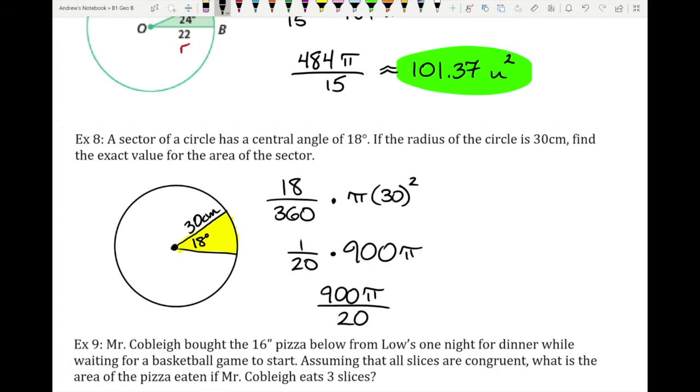Gross. 900 pi divided by 20 doesn't really seem too nice to work with. So again, we're going to get an approximate answer after that. It's going to be 141.37, and we had centimeters, and we're going to square them. That is the area of the sector that we've got filled in with yellow highlighter.